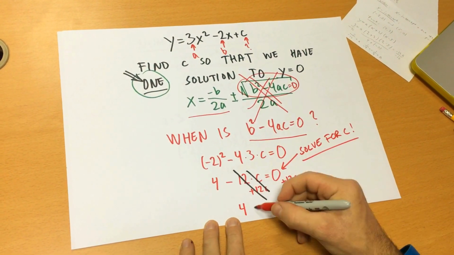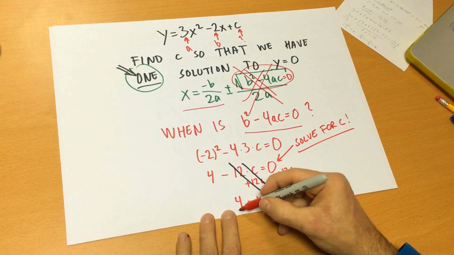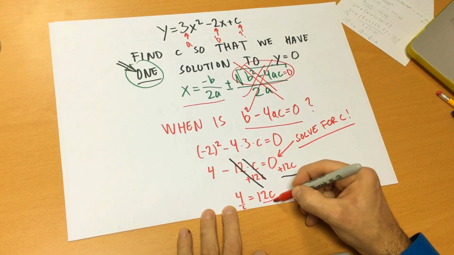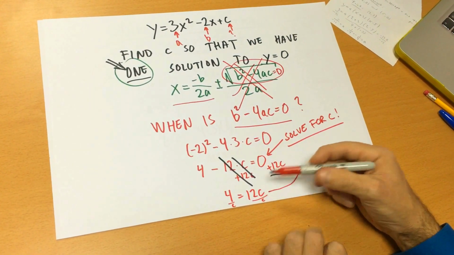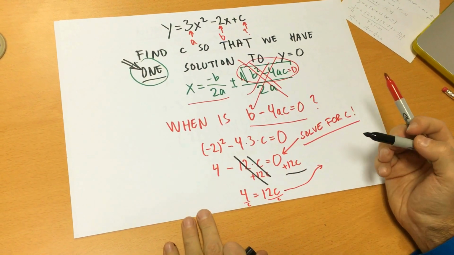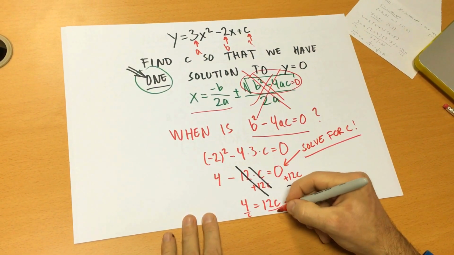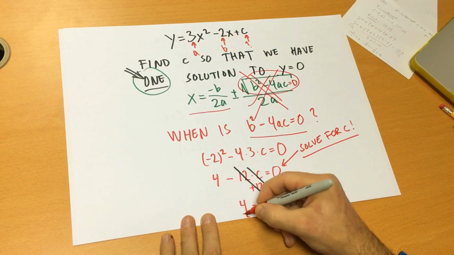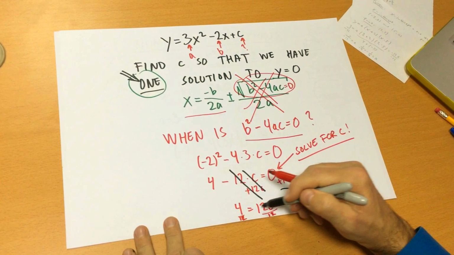So 4 equal to 12c. And now I divide by c on both sides. I'm almost running out of paper here, but I think you can see what I'm aiming at. Sorry, what am I doing? Divide by c? No, I'm not dividing by c. Forget that. I'm dividing by 12, of course, because I want the 12s to cancel out.